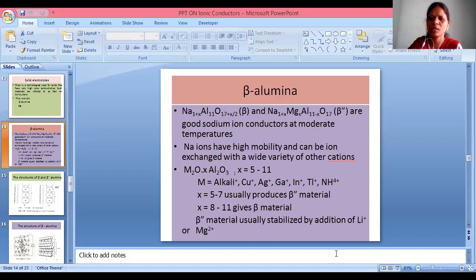Here the x value lies between 5 and 11. If it lies only between 5 and 7, then the material produces beta double dash type alumina. And if the x value is between 8 and 11, then the material gives beta alumina.